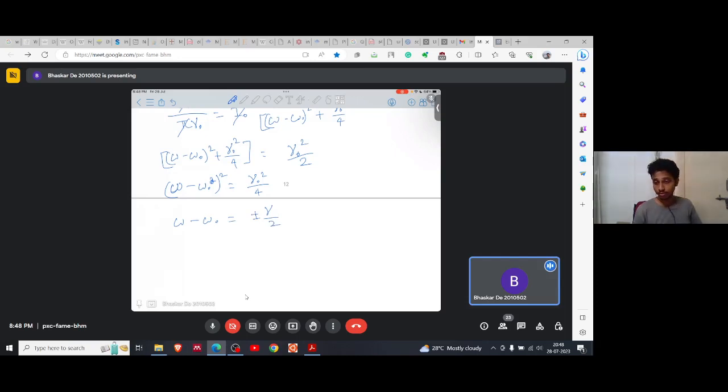Because we are taking the square root, it can give us plus or minus gamma by 2, so omega equals omega naught plus or minus gamma by 2.